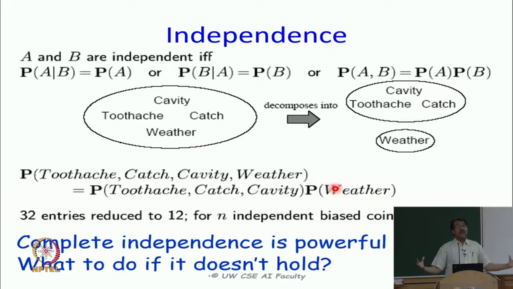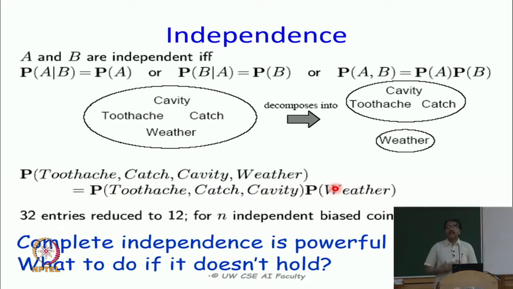How many total values in my joint probability distribution? 32. Do I need all 32 to maintain the distribution? How many do I need? Because they sum to 1, I need 31. Okay? This is where we are. We actually have 31 values in my joint probability distribution.